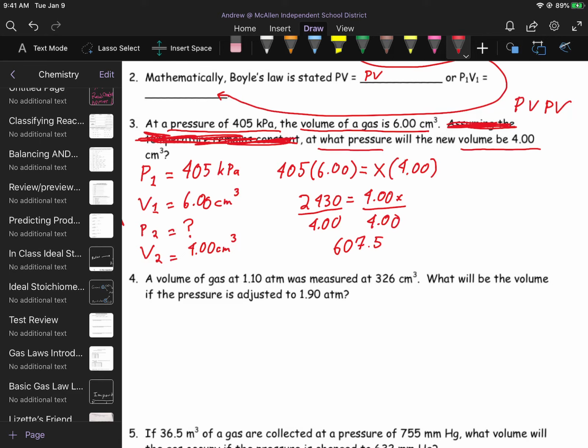Great, we're done, right? Oh, no naked numbers. 607.5 is a number. We want to know a pressure. Now the unit of pressure we've been using is kPa. So we'll just move kPa over here. So our final answer, the new pressure, will be 607.5 kPa.